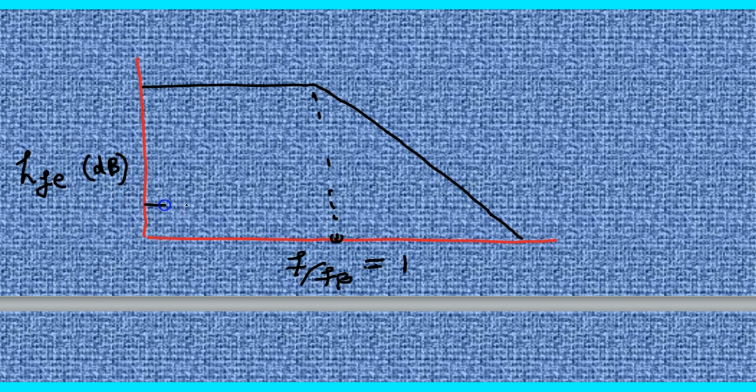So again, if we draw the graph, this is the constant gain, then it decreases, this is the asymptote, this is f upon f beta equals 1 here, HFE in decibel. This is 0 in decibel.